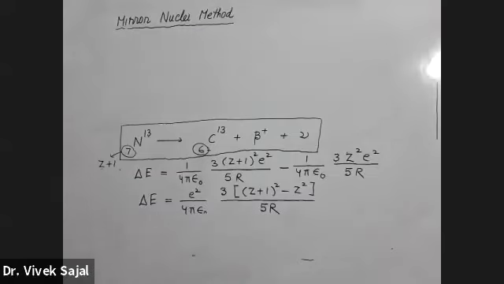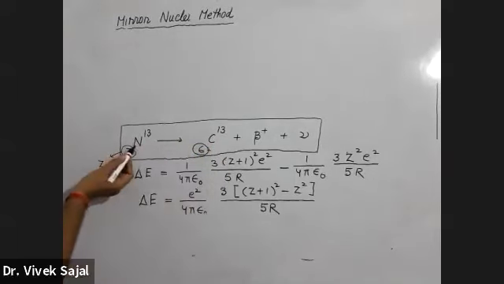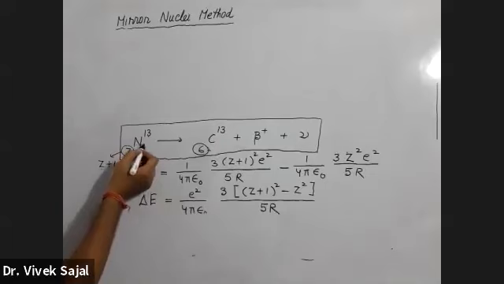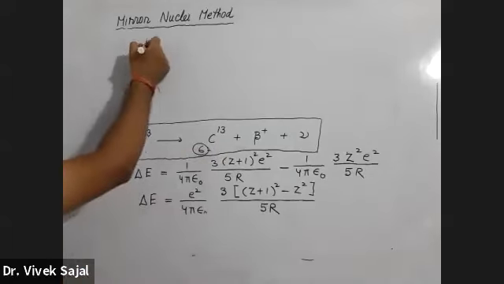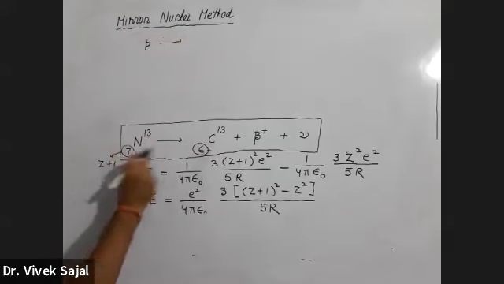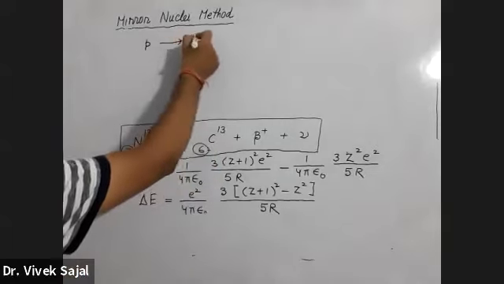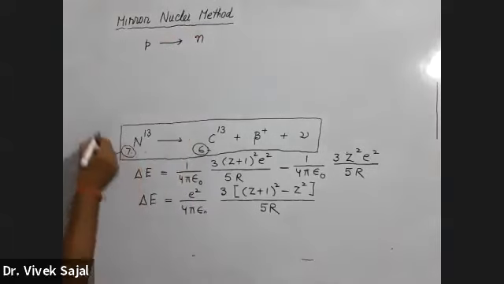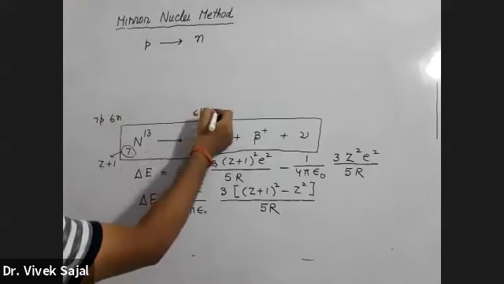Don't worry. So here, what you have is this N, and here you have this C. If you observe these two nuclei, 7N13 and 6C13, you will find that here we have one extra proton, and here we have one extra neutron. Here there are 7 protons and 6 neutrons, and here we have 6 protons and 7 neutrons.